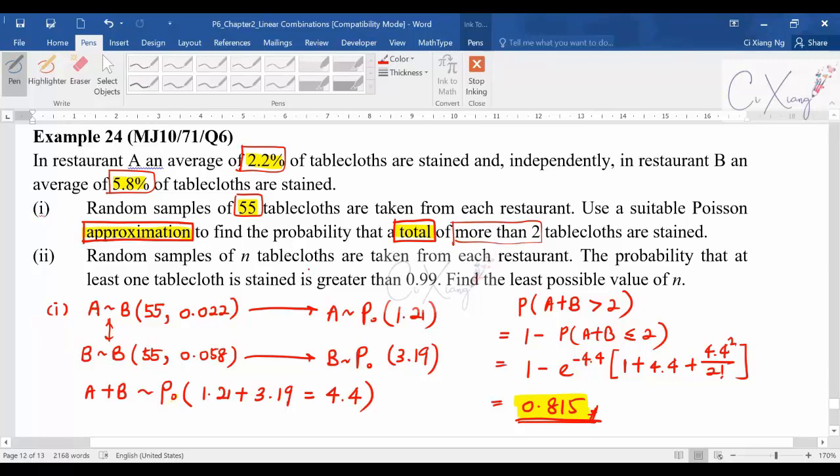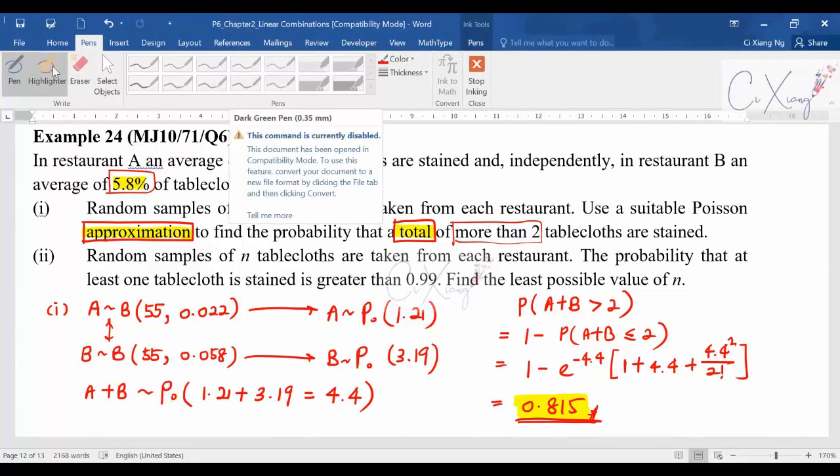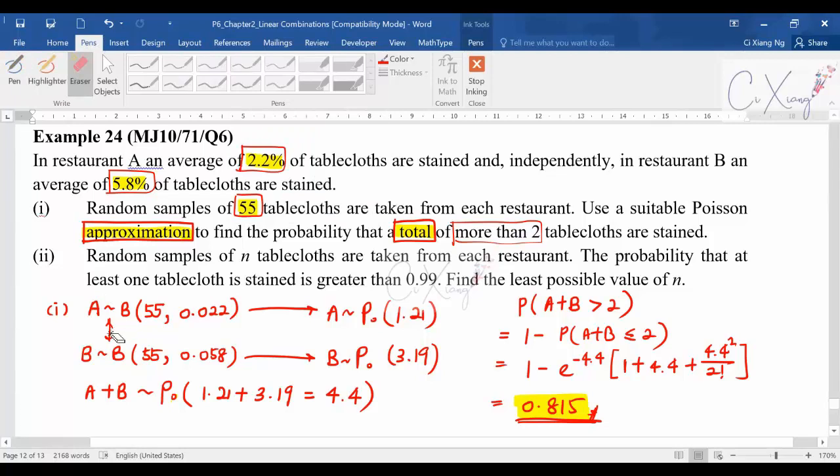But I just want to show how to look at it originally. A and B are originally binomial respectively, so I change them to Poisson first, and only then combine them. Because in this syllabus we are learning how to combine Poisson distributions, not binomial ones. So this is what I have for part A.